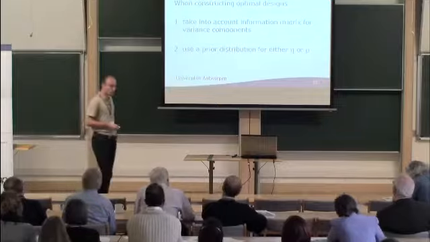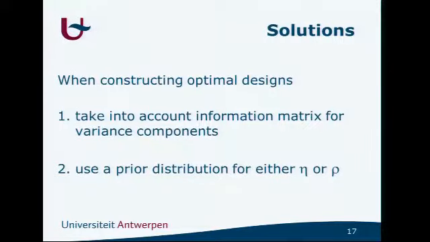How can we solve the problem? How can we remediate the weaknesses? Well, what we can do is we can take into account the estimation of the variance components when setting up the experiment. That's solution number 1.